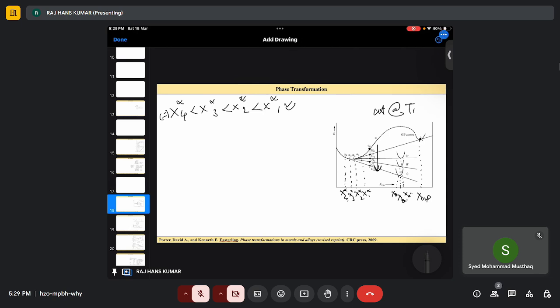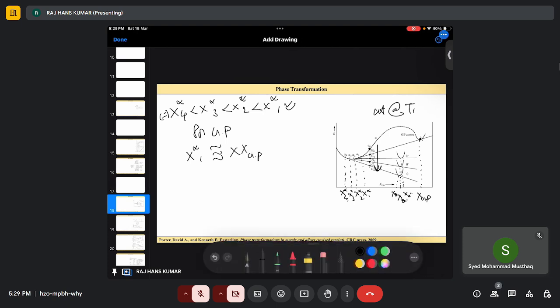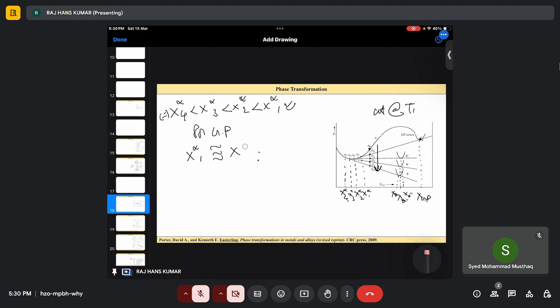Now, for GP zones, the alpha 1 composition is in equilibrium with the mole fraction of GP, the composition of GP. This is the equilibrium composition.